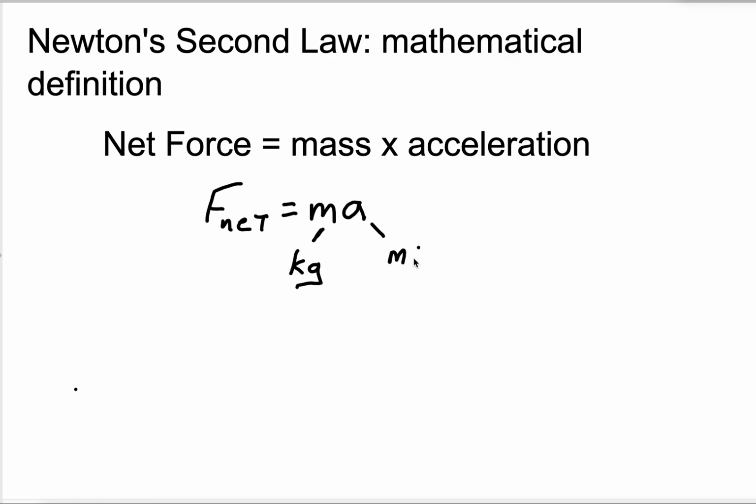And for acceleration, we always measure acceleration in meters per second squared, or meters per second per second. So if these are in kilograms, and this is meters per second squared, then the unit for net force will be a kilogram meter per second squared.